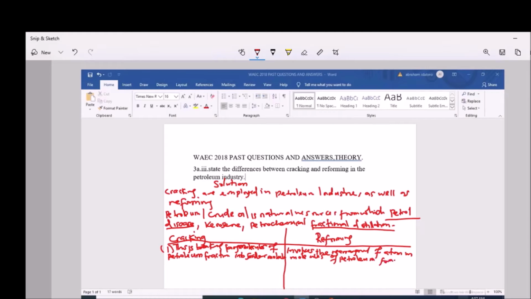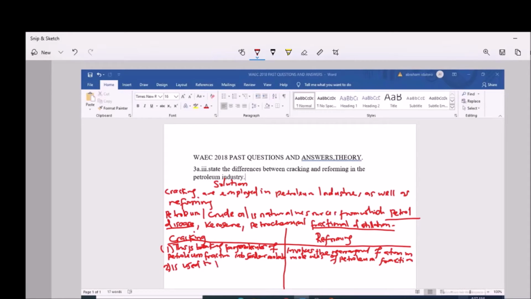So the number one, cracking, just involves the breaking of large molecules of petroleum fraction into smaller molecules, while reforming involves the rearrangement of atoms in molecules of petroleum fractions.